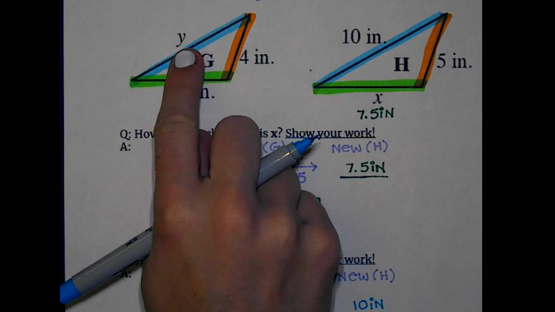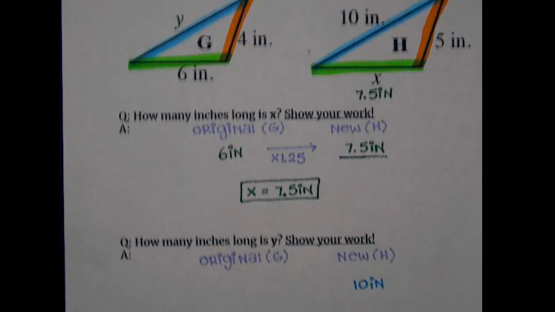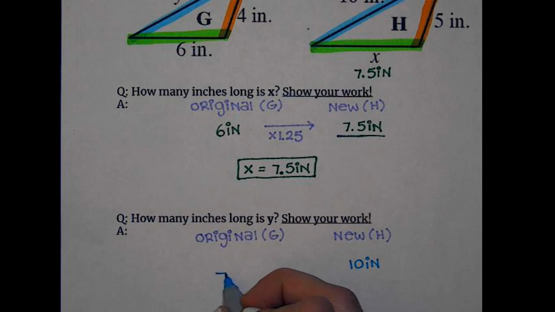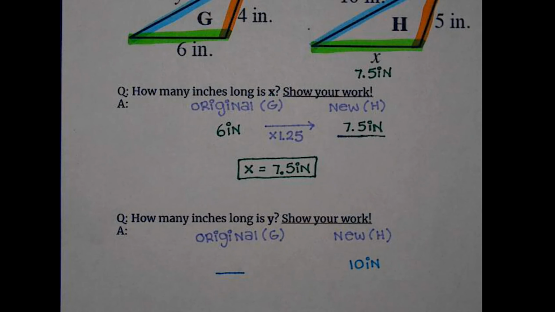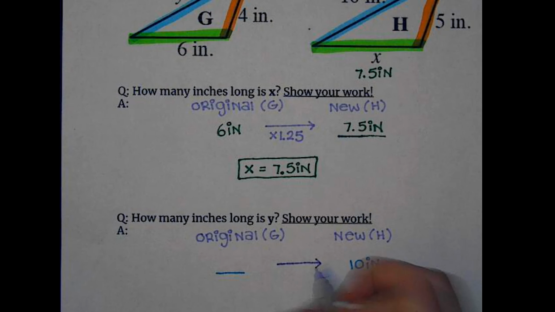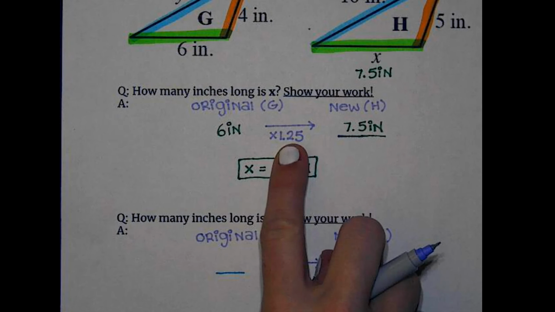And our old measurement, we're not sure what it is quite yet. So we're going to put a blank here, just like we did in the last one. And the one thing that we do know is that our scale factor, if we go from old to new, is going to be times 1.25.